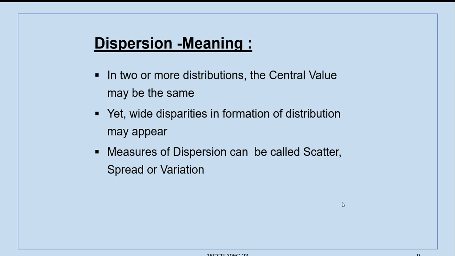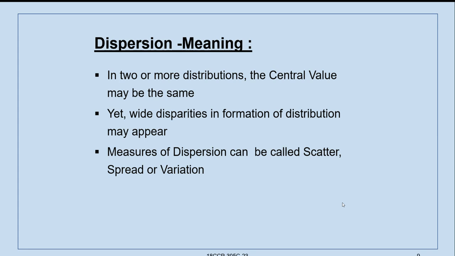So first of all, we will see what is the meaning of dispersion. In two or more distributions, suppose you take two or more different series, in continuous series, for example, different class intervals. The central value may be the same.